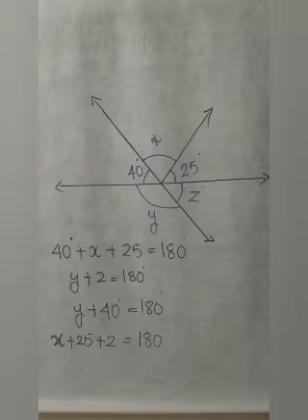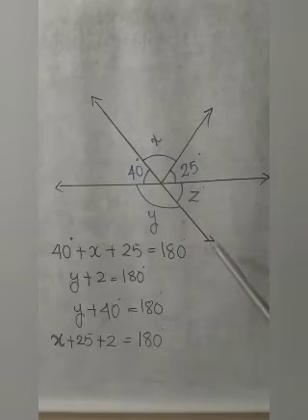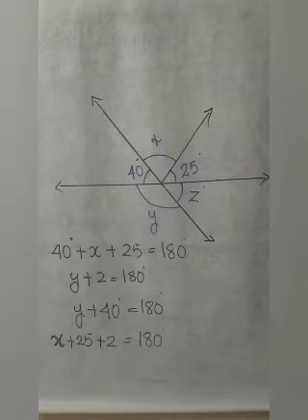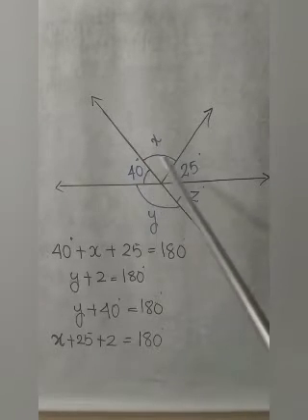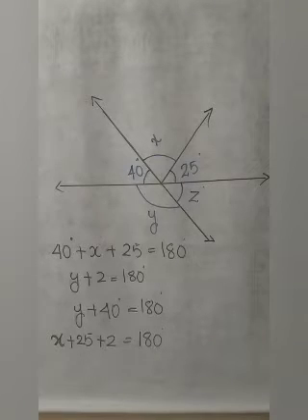Now, look at the angles. This 40 and this Z. What do you know about these two angles? We call these angles by a name. Can anyone say what they are? Yes, very good. They are vertically opposite angles. So, which are the vertically opposite angles?